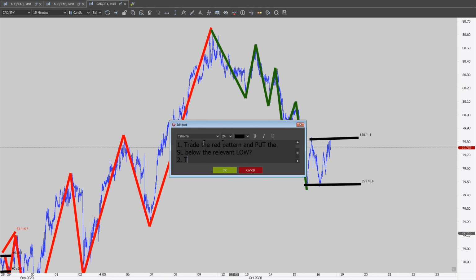Number 2, trade the green pattern and put the stop loss above the relevant high. And number 3, trade the black pattern and put the stop loss above or below the pattern.